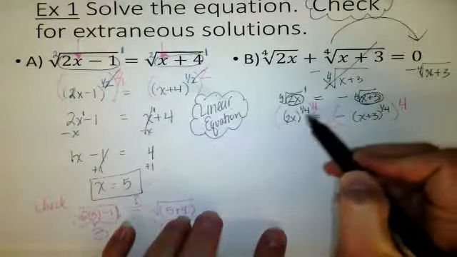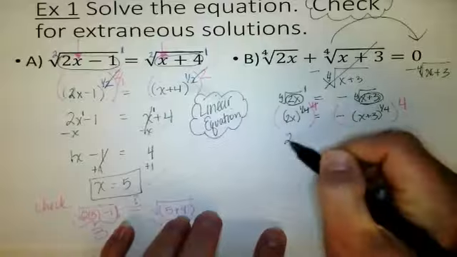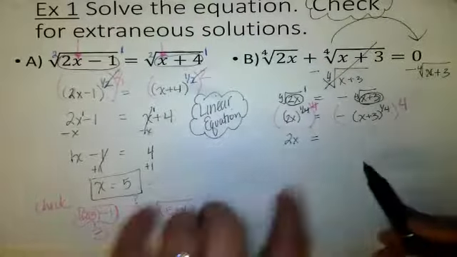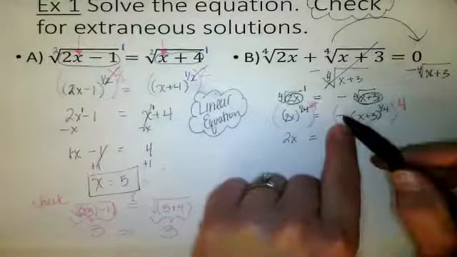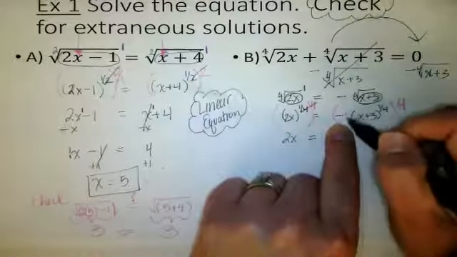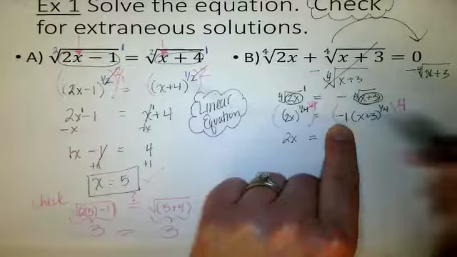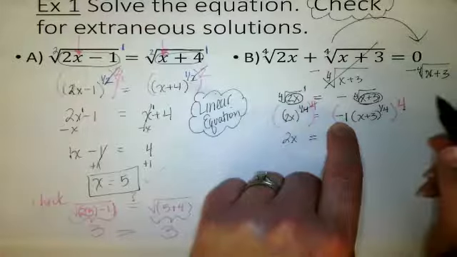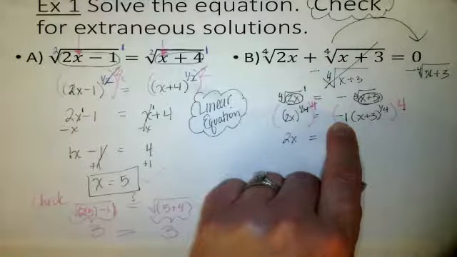4 times 1/4 cancels out, leaving just the 2x on the left. But on the right, I have to be a little bit careful here because I'm taking this negative, which is like a -1, -1 to the fourth power. That'd be -1 times -1 times -1 times -1. Does that give us a negative or positive result?